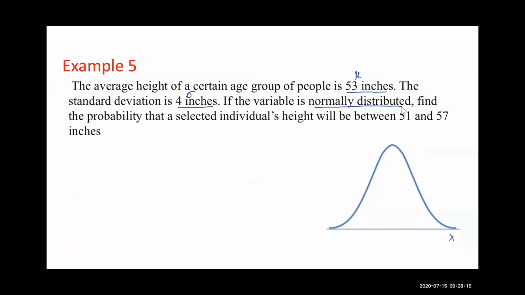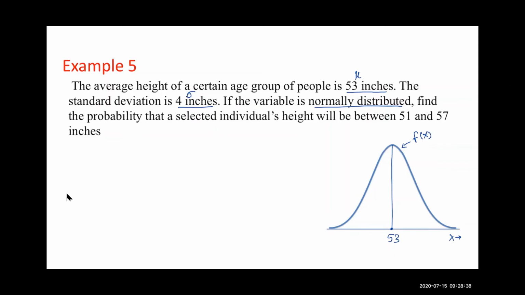So this is a normal distribution with the random variable along the x-axis and the probability distribution function f of x, where the mean in the middle is 53. And the standard deviation or this height is 4 inches.